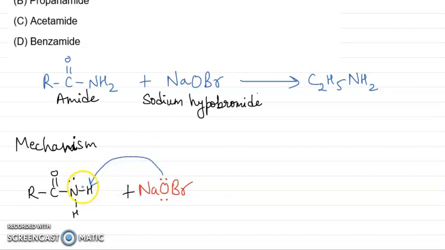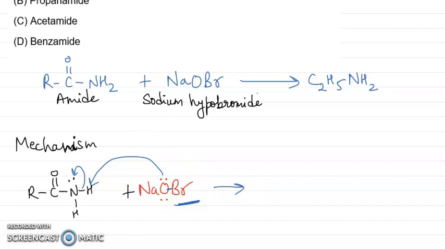And if it is abstracting, hydrogen will give its electrons to nitrogen. Therefore, nitrogen gained electrons, there is more electron density, it is more electron rich, while this bromine has lost electrons because the oxygen and bromine bond is broken, therefore it is electropositive.